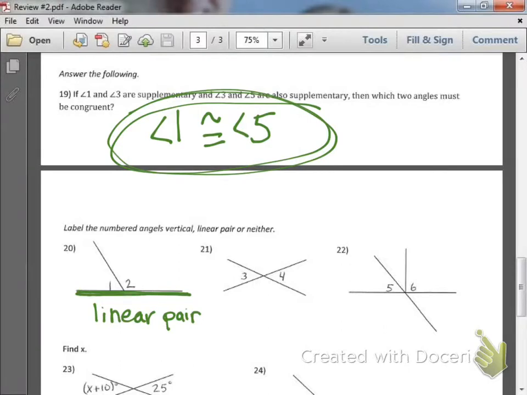What type of angles do we have in 21? Vertical angles. Good. Vertical angles are formed when you have two straight lines that intersect. The angles across from one another are vertical. And what about 22? Neither. Nothing special there. Just two angles. Do you guys have any questions?